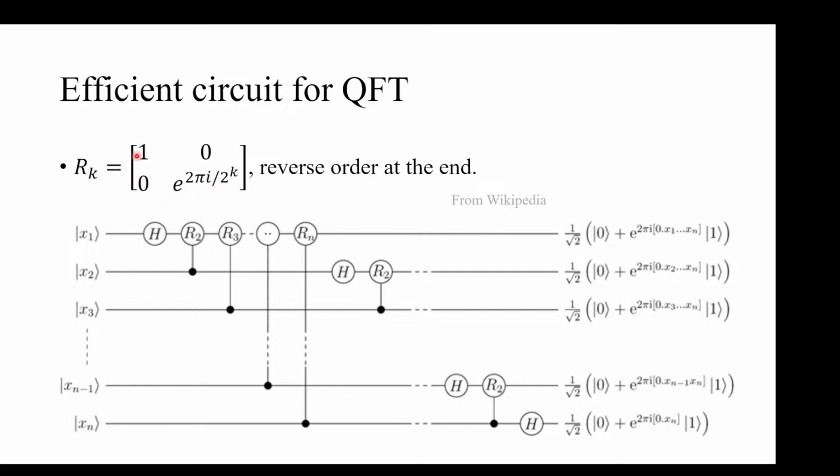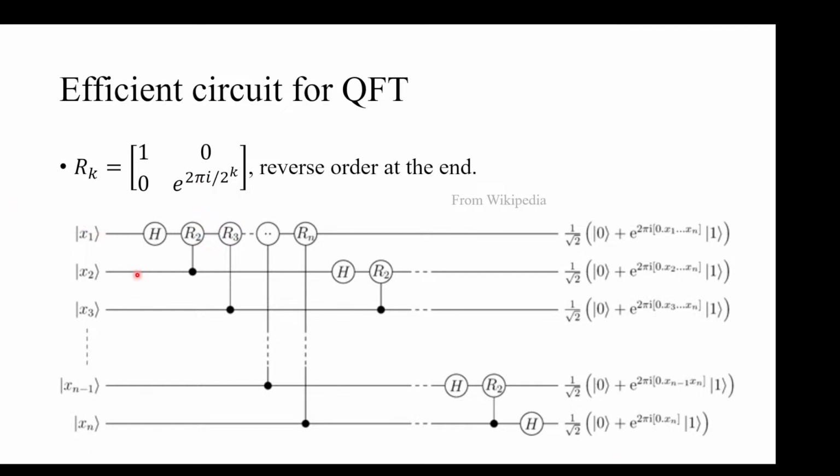It is a gate where if the input state is 0 you do nothing, and if the input state is 1 you rotate it by the phase e to the 2 pi i over 2 to the k. So this phase angle is going to get exponentially smaller with k. Anyway, this is the circuit for the quantum Fourier transform.